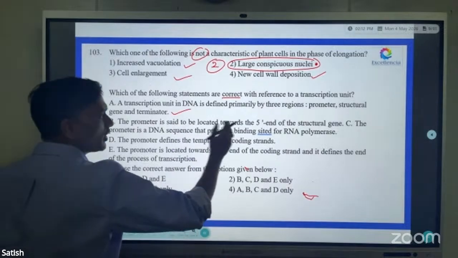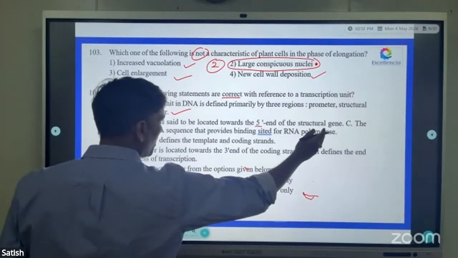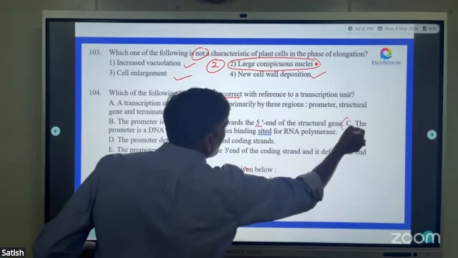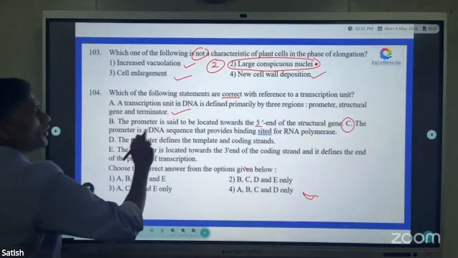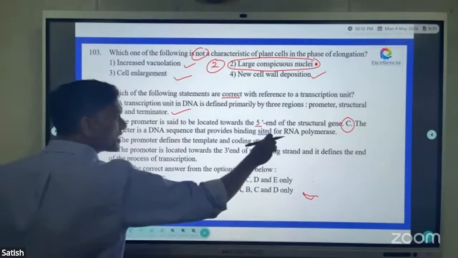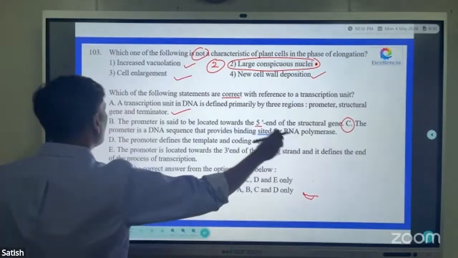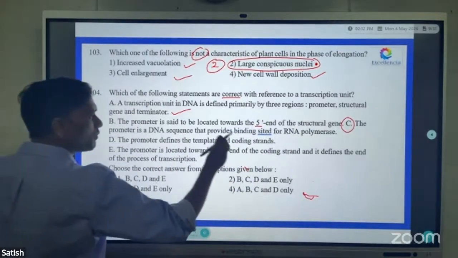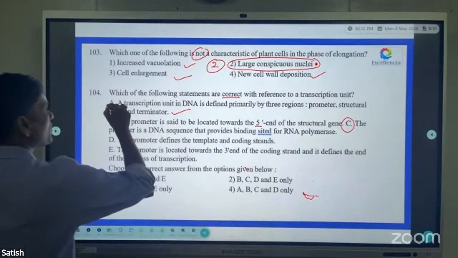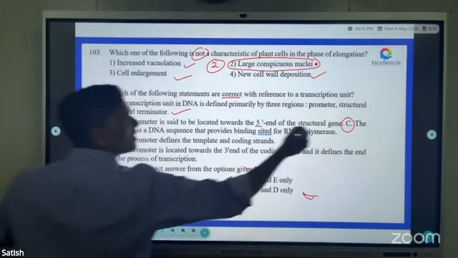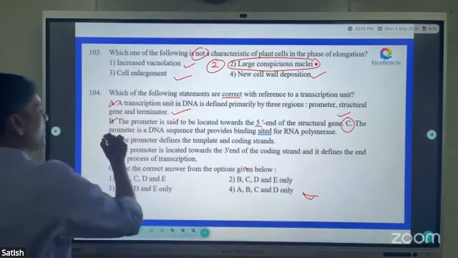The promoter is said to be located towards the 5' end of the structural gene. So this is statement C. The promoter is a DNA sequence that provides the binding site for RNA polymerase. Correct statement. The promoter defines the template and coding strand. Correct statement. So A, B, C, D also correct.